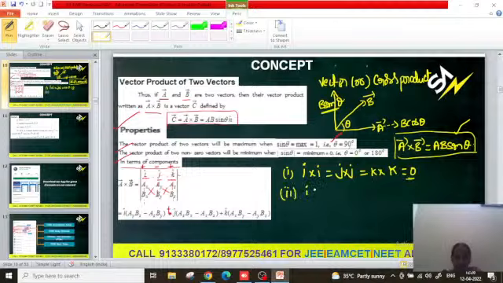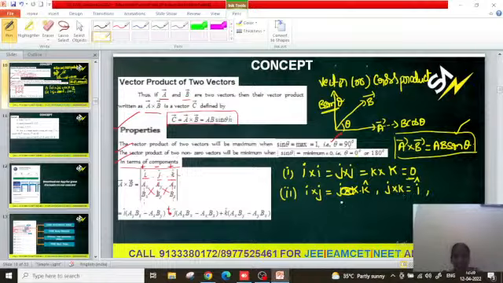If we take i cross j, j cross k: i cross j will be equal to k cap. Next, j cross k will be equal to i cap.